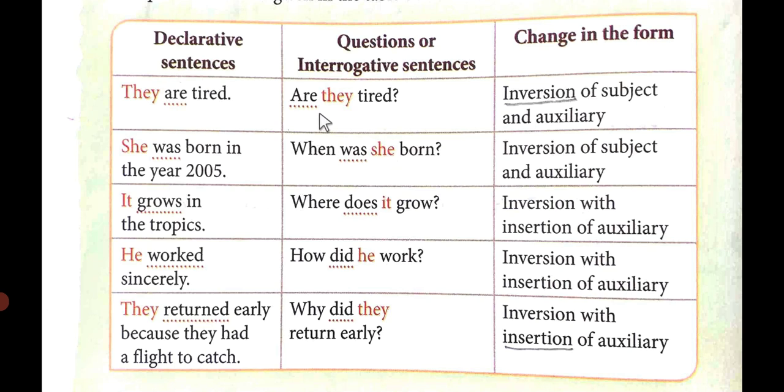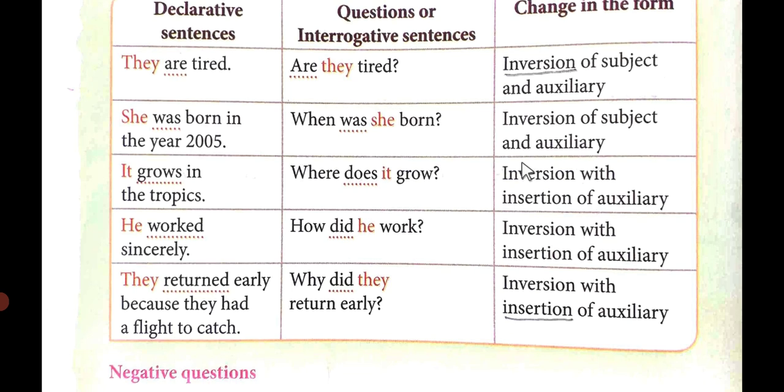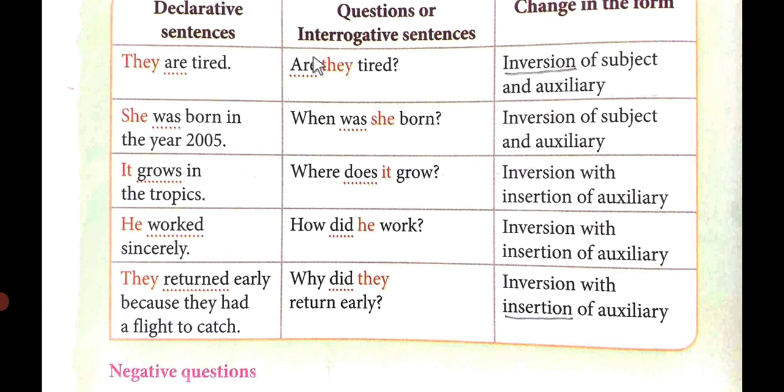As are has been auxiliary verb, and it has been placed before the noun they. Now inversion of subject and auxiliary has been changed in the two sentences. Declarative sentences, noun will come first. Interrogative sentences, putting the auxiliary verb before the noun.